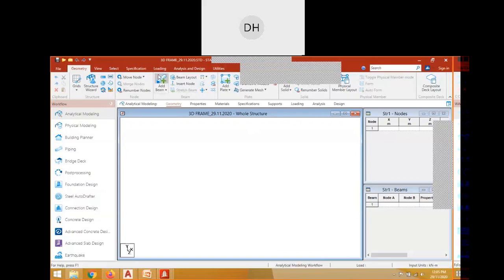Then, more node-wise, there is a move command, renumber command, add beams. All these commands are there. So there are different tabs in this particular command: this is the first one, this is the second one, this is the third one. This is used for adding beams, where two-noded beams are added. This is for adding plates. As I told you, we generally do not model plates, meaning we do not model slabs in STAAD.Pro.